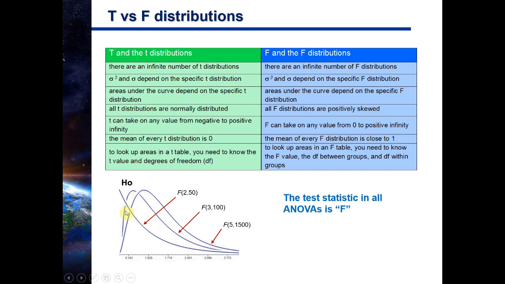And that's true for each of the ones that I have here. It starts off looking like this with few levels and a small degree of freedom for your error term. Then as we increase the number of levels and the degrees of freedom for our error term, we get something that is more traditional, compared to what you've been seeing.